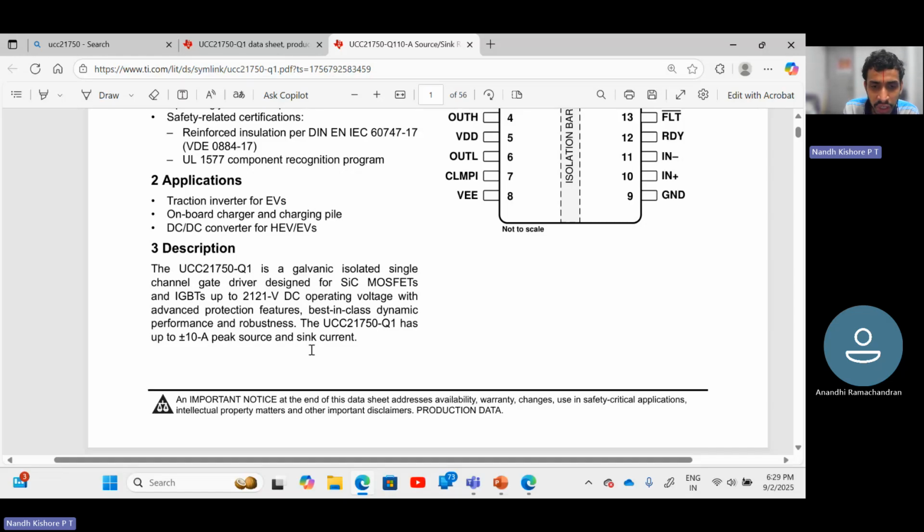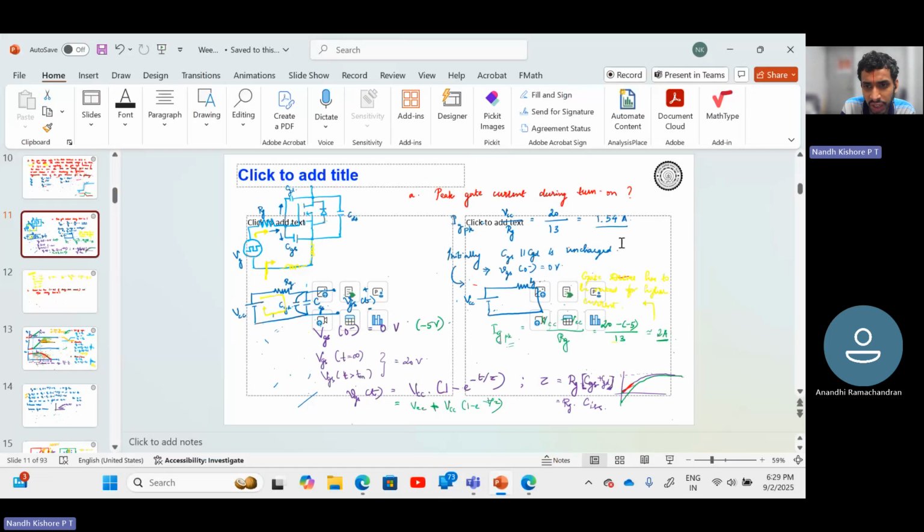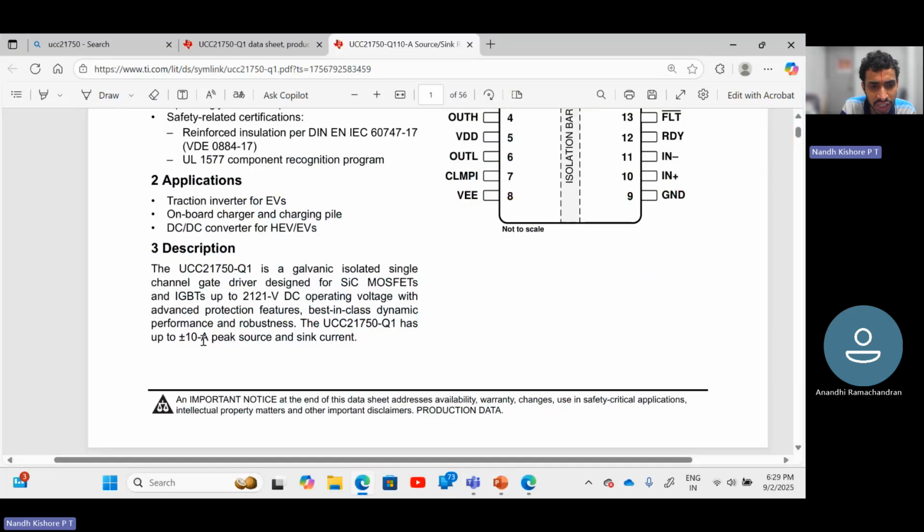So make sure that, according to your calculation, this is our source current, 1.54 ampere, which the gate driver should supply. Make sure that the source current given in the data sheet satisfies whatever current rating you compute.